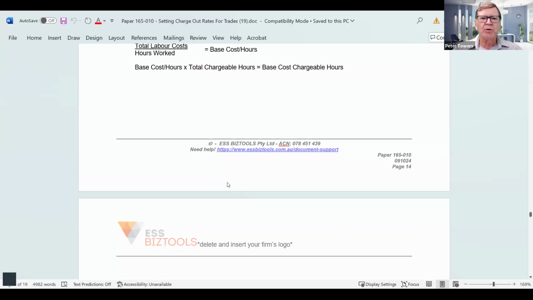So I think we have to work harder in helping our SME clients to improve their overall business performance. And this is one way you can do that. Because if you were working as the full-time accountant for a firm that had a team of tradies working for them, this is the sort of calculation you would be doing for them.